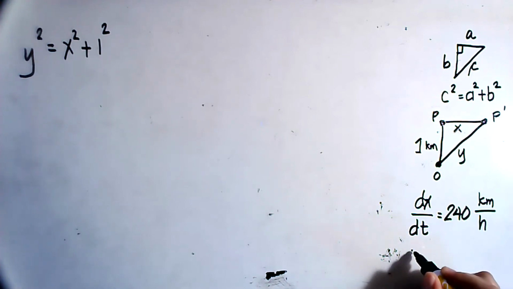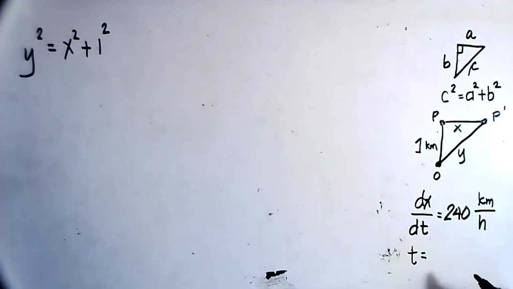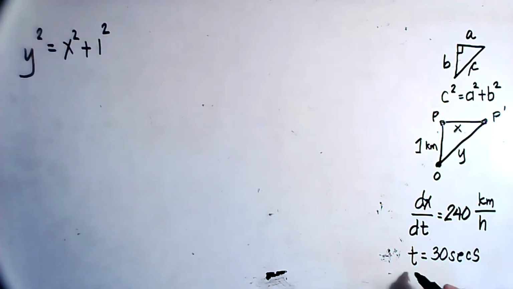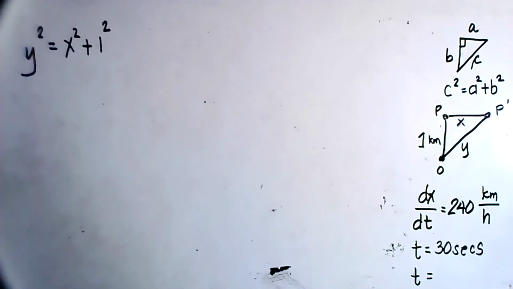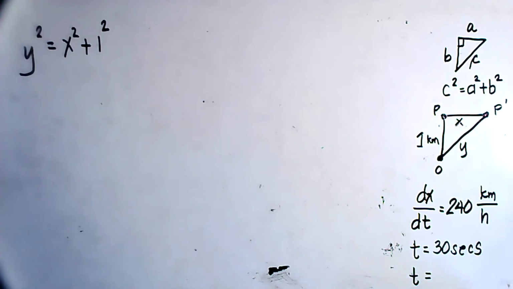And take note that the time given is 30 seconds. So we have 30 seconds here, and if we are going to convert this to hour, that is roughly equivalent to 1 over 120 hour.